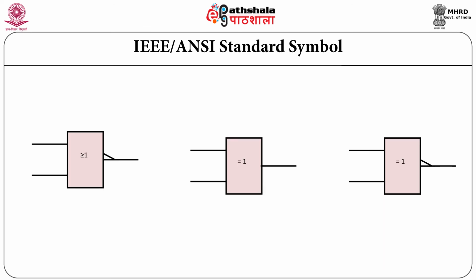The rectangular symbols use a polarity indicator, that is a small right triangle, in place of the small bubble in the traditional symbol to indicate inversion of the logic level. The presence and absence of the polarity indicator indicate whether an input or output is active low or active high.